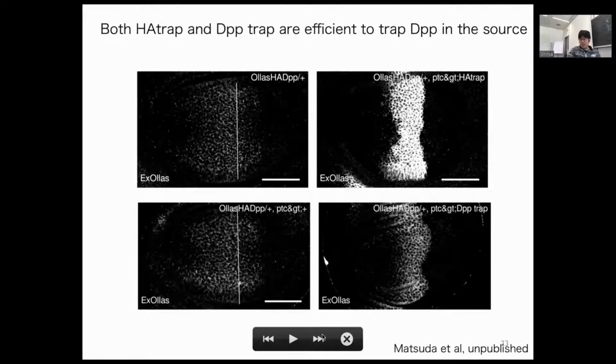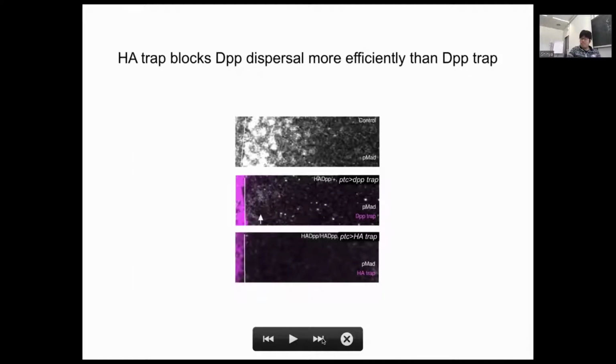So to test this, I briefly checked the phospho-MAD signaling activity in the posterior compartment, in the target tissue. In the control, you see nice graded signaling activity. But when DPP trap is expressed in the source, in the stripe, you still see weak phosphorylation of MAD in the target tissue.